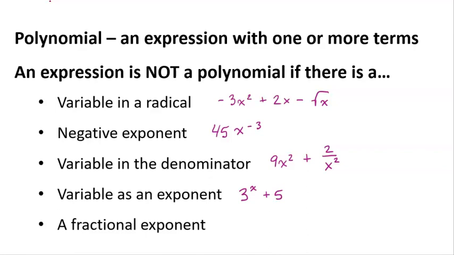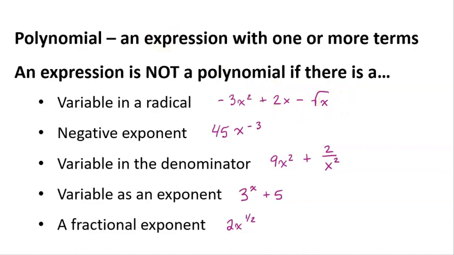And then we cannot have fractional exponents. So we know that those fractional exponents create those radicals, right? And so we can't have something like 2x to the 1/2, because now that 1/2 created the same as what we had up here. Okay, we can't have that x in the radical.